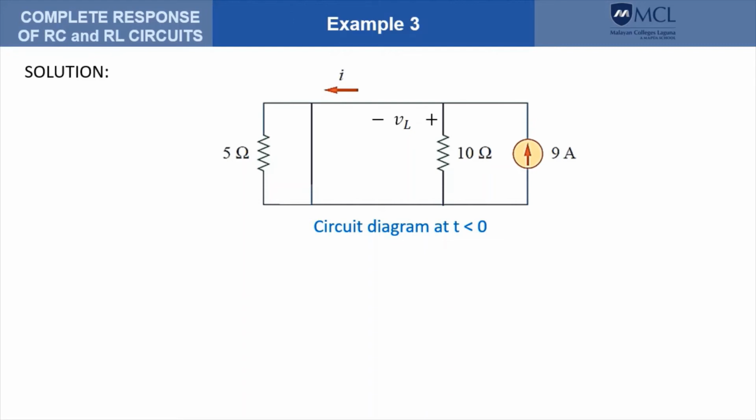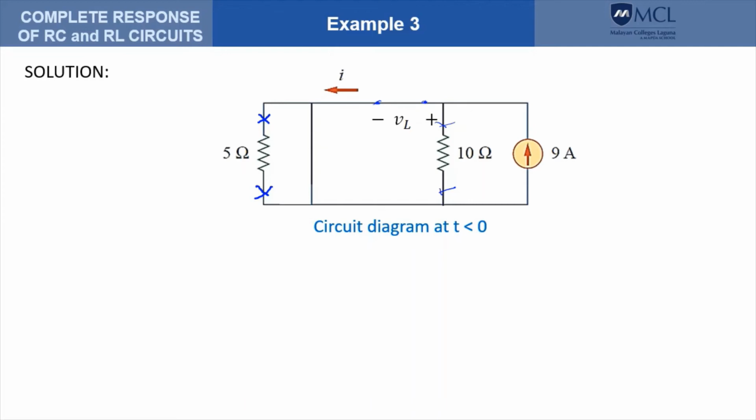So it appears that the 5 ohm resistance is actually shorted, so therefore we can forget about this resistance. Also at steady state, the inductor acts like a short circuit, so there is actually an inductor here, but it is shorted, and that makes the 10 ohm resistance shorted as well, so therefore we could also forget about this resistance.